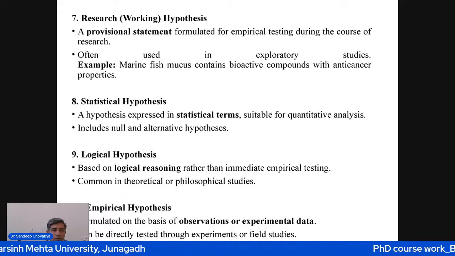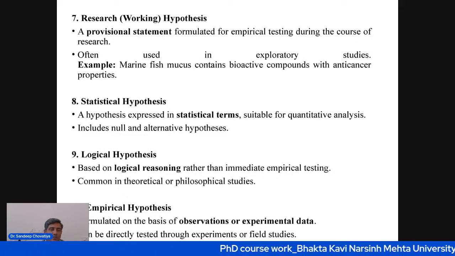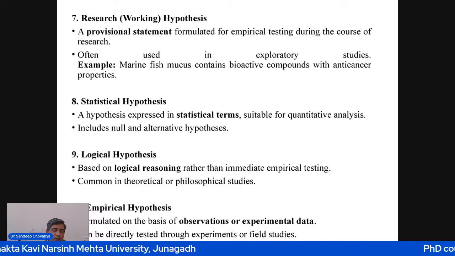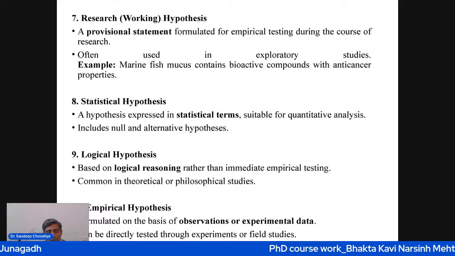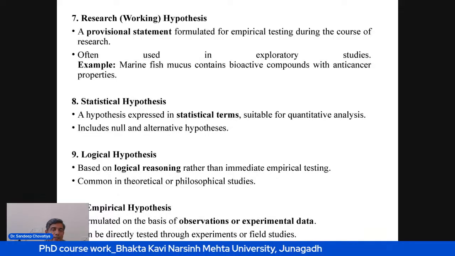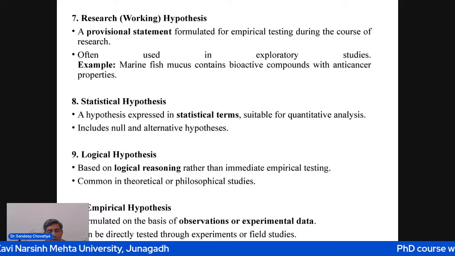Number 8, a statistical hypothesis. Number 9, a logical hypothesis. And number 10, which is what we are discussing, the empirical hypothesis. Based on whatever observation or experiment, we design the hypothesis, which is known as an empirical hypothesis. So these 10 types of hypotheses are there when we're discussing statistics.